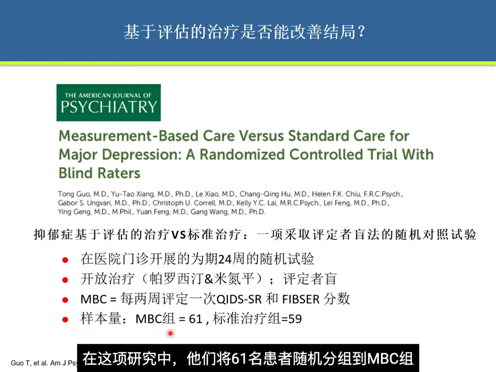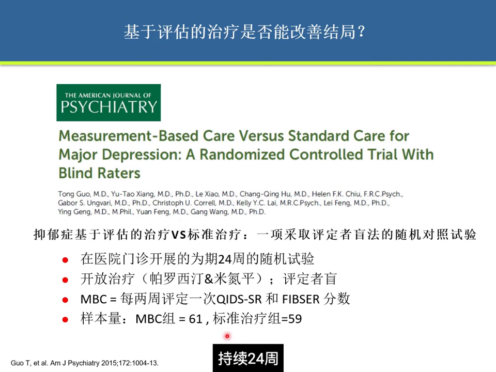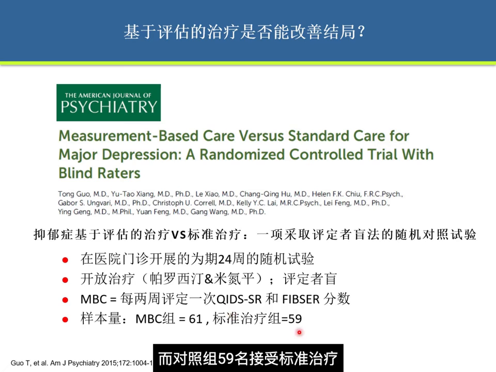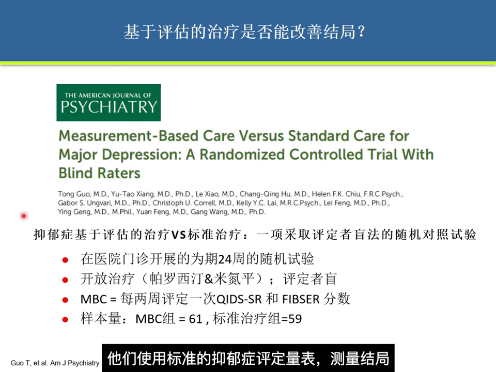In this study, they randomized 61 patients to measurement-based care over this 24-week period, compared to 59 patients who received standard care without measurement over the same 24-week period. And they looked at outcomes using standard depression rating scales.